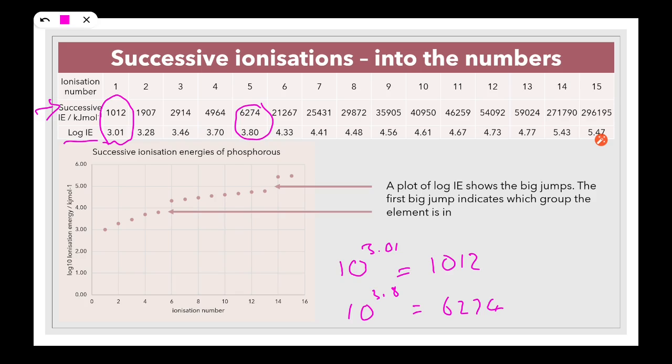Let's look, well, there are no other nice round numbers in all this. So over here again, 10 to the 4.73, that's going to equal 54,092, or thereabouts. So what this means is that we can see big changes, almost like order of magnitude changes in these.